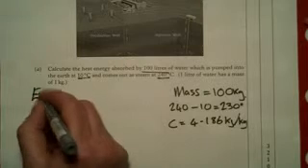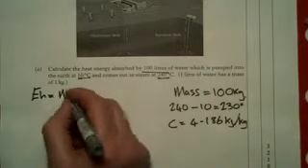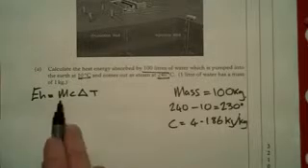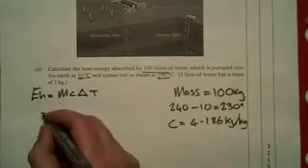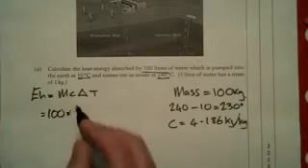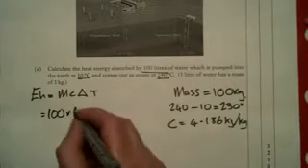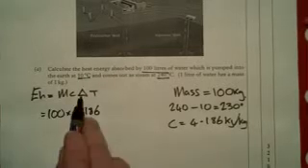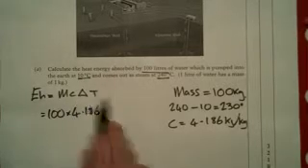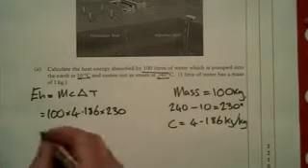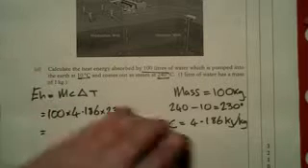Energy of heat is equal to mcΔT. M is the mass, so we can just put straight down 100. C is the specific heat capacity, 4.186. Delta T is the change in temperature, which is 230, and it's time for the calculator.